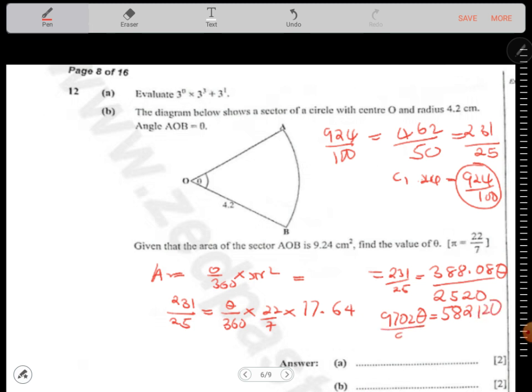Now divided by 9702. The angle is 60 degrees. As simple as that. That's how you work it out.